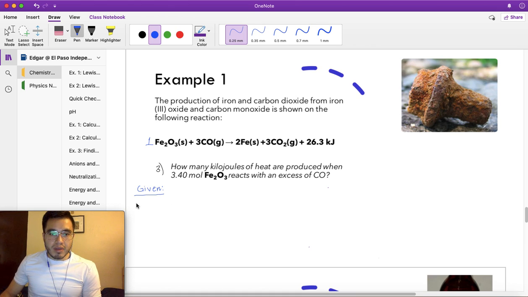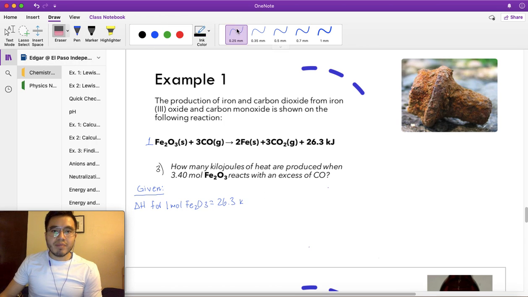So we have delta H for 1 mole of rust in the reaction is 26.3 kilojoules.